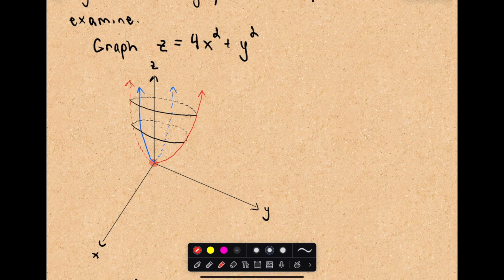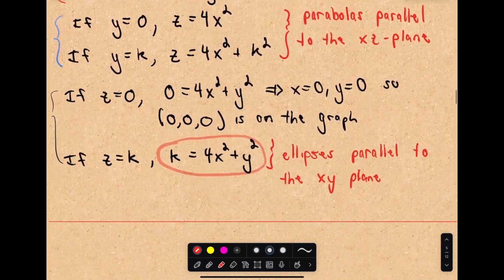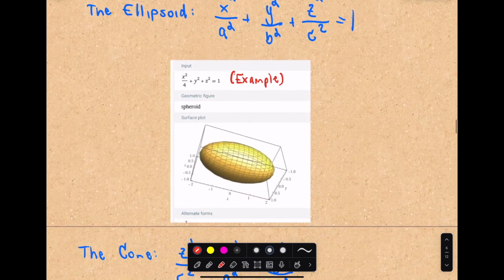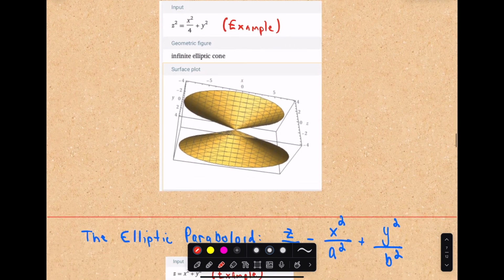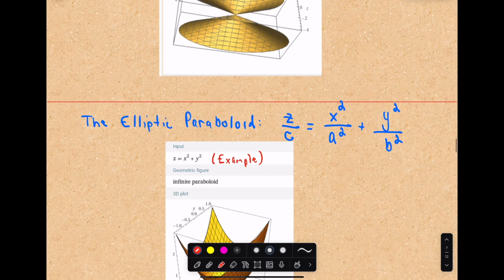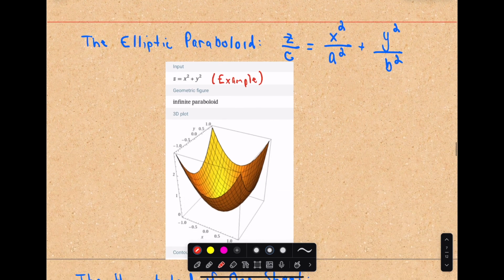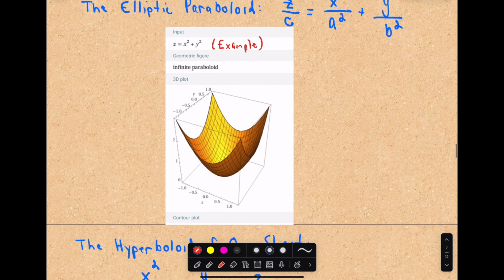We had 4x squared instead of just x squared. But you can see how it's got almost that same shape. Just because we had that coefficient of 4 on the x squared, it's got a slightly different shape. But here I just had the coefficients on z, x squared, and y squared all equal to 1. And again, you can see that same rough shape that we were producing a second ago.